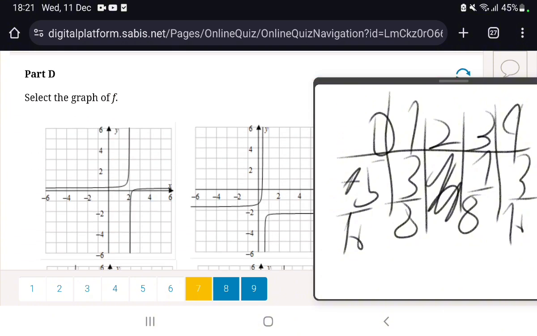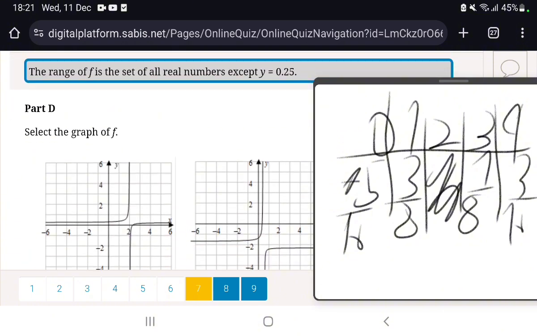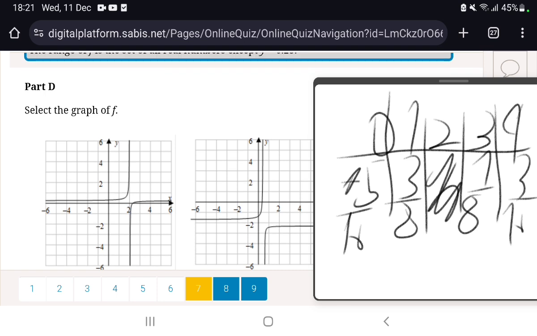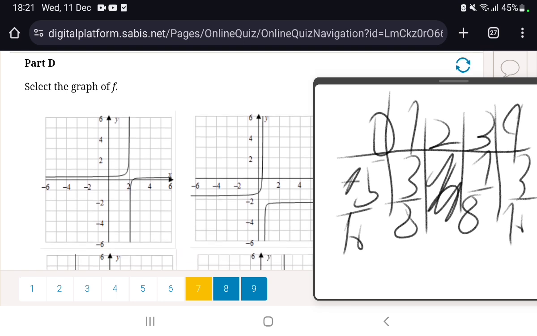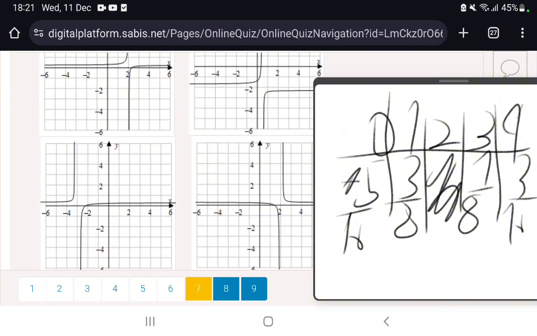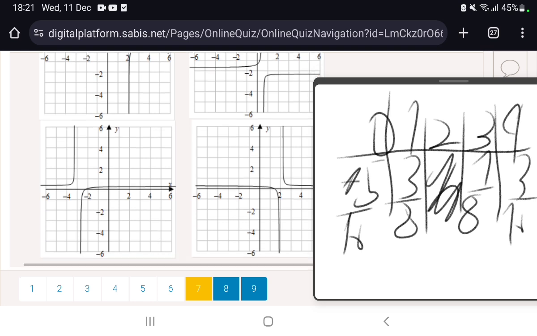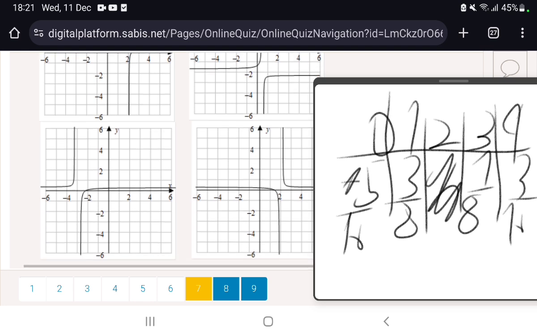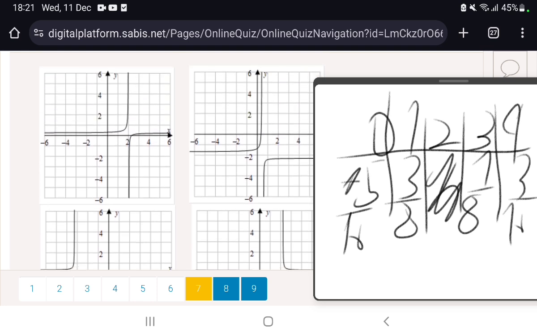So now let's find something similar. So it has to approach y equals 0.25 and x equals 2. So it's not this one or this one. And as we can see, it's clearly positive, so it's this one.